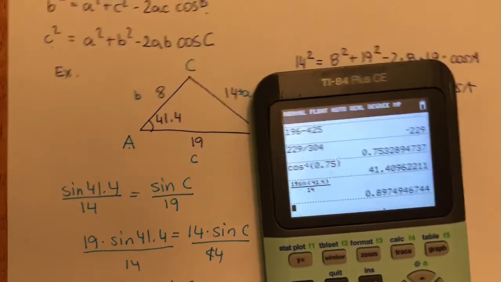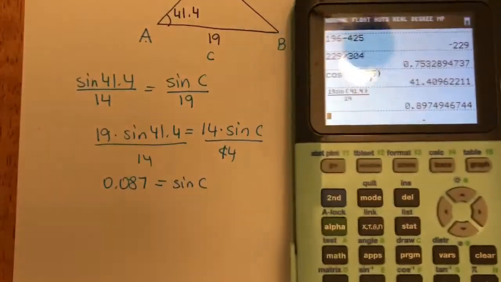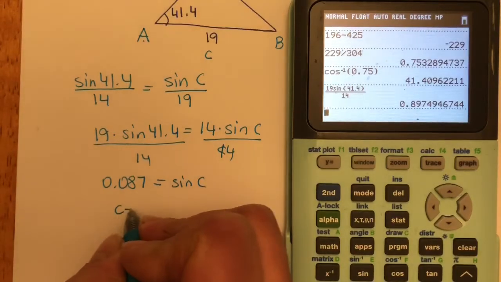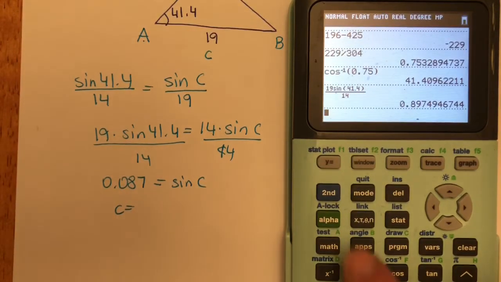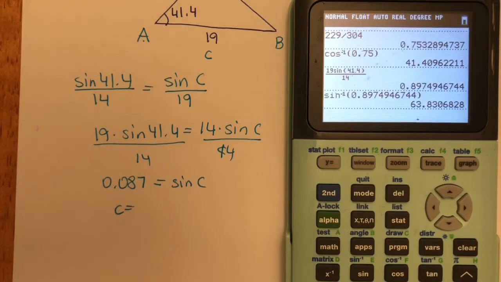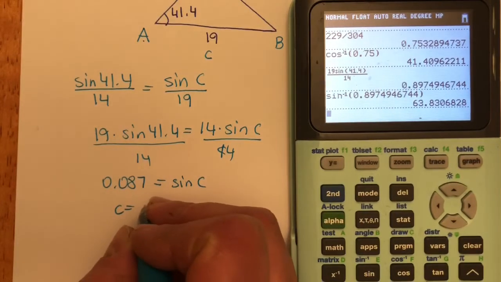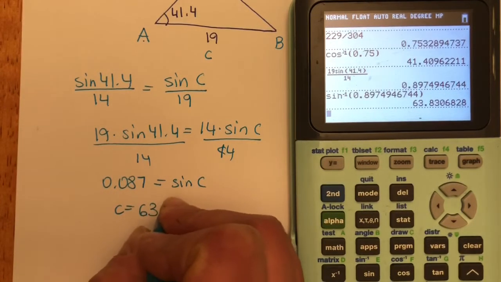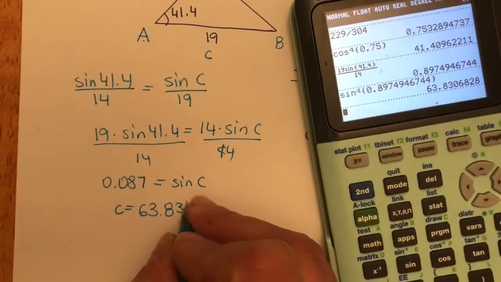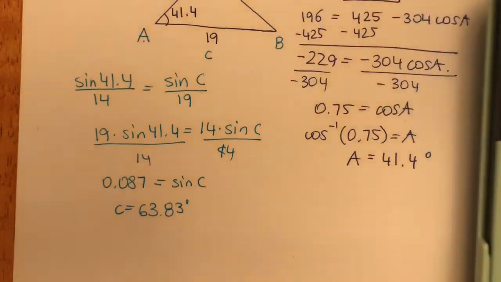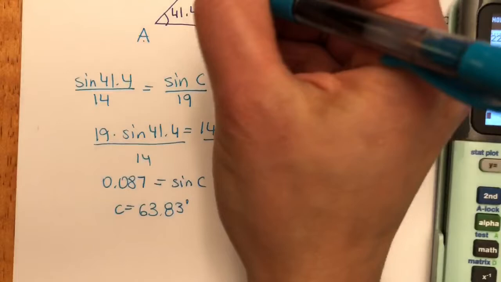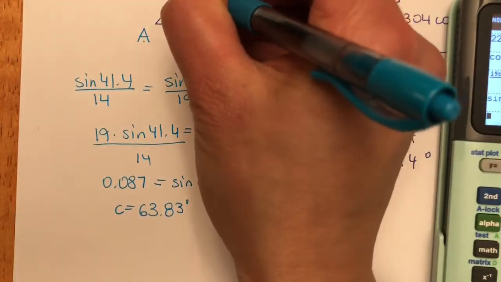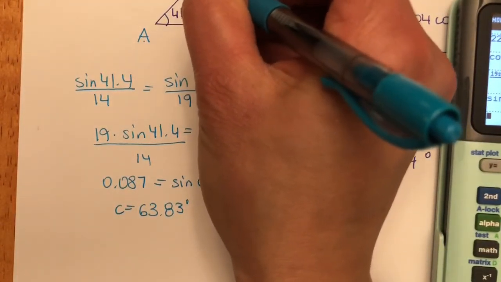And then the same thing, in order to find angle C, I am going to do the inverse. I'm going to copy this number and let's see, 63.83 degrees. And that is my angle C, 63.83.